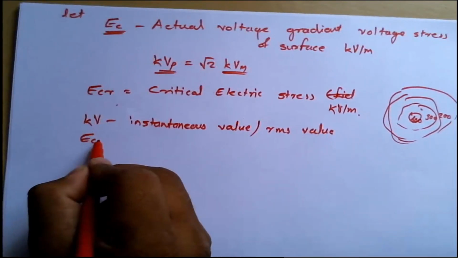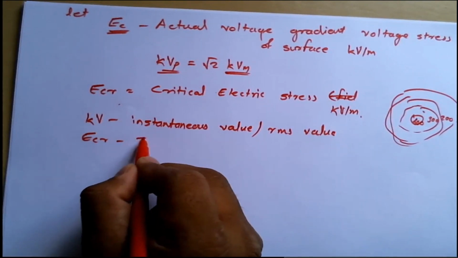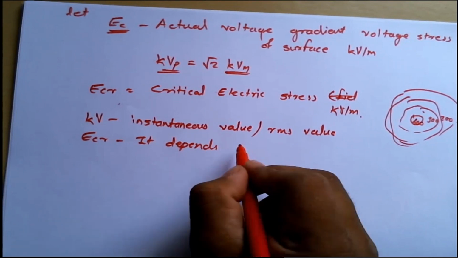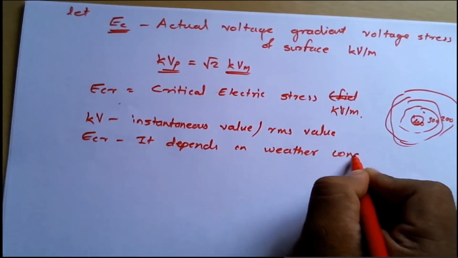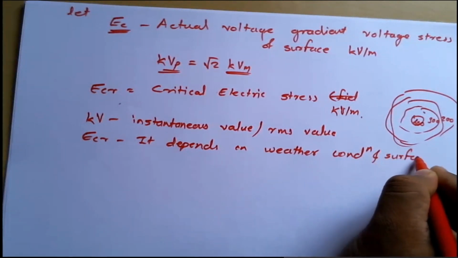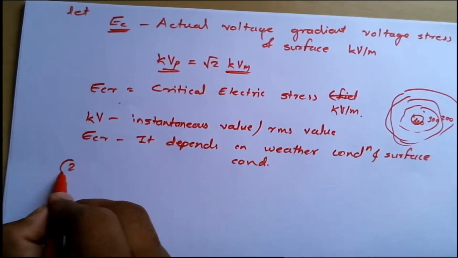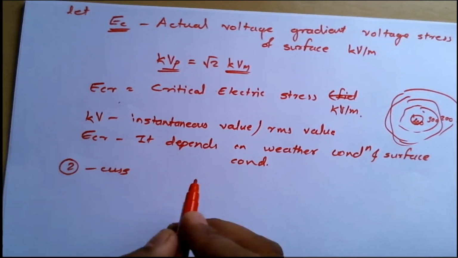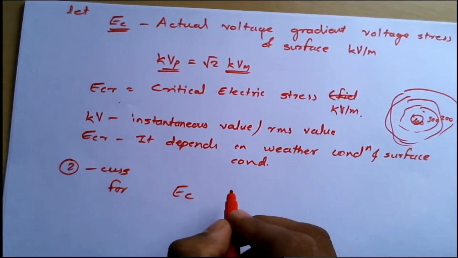And what is ECR? It depends on, yes, critical disruptive voltage कशावर depend असतं? It depends on weather condition, or you can say depends on surface condition. So there may be two cases between EC and ECR. Let us suppose EC is the actual voltage gradient.